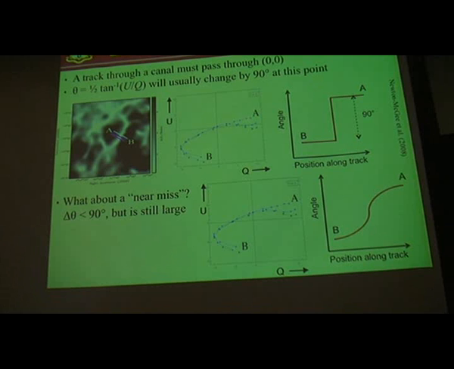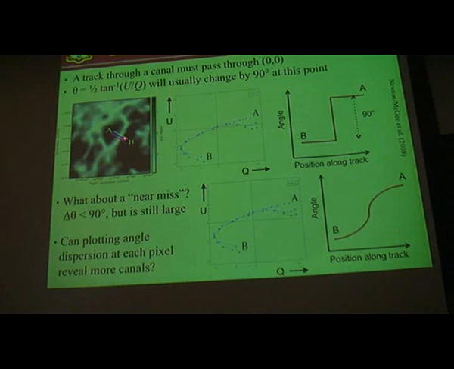And so you can say, well, is there any way we can, instead of making a plot of Q squared plus U squared, where the canals reveal themselves as places where the intensity is low, is there a way we can make a different sort of plot to show places where you almost have a canal? And so a simple way to do that, which Catherine suggested, is to make a plot of what she calls shallow canals, where instead of plotting the polarized intensity at each pixel, you simply plot the dispersion in angle in a small box around each pixel.